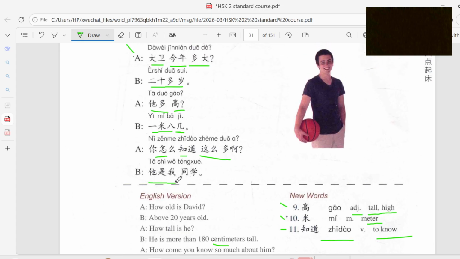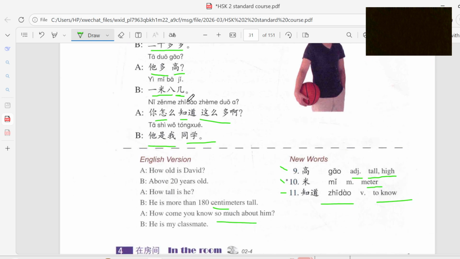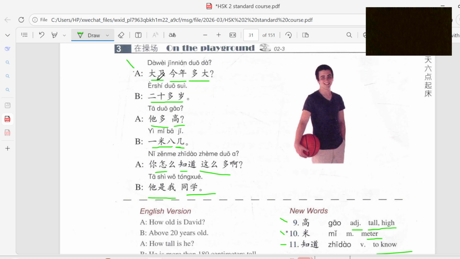It says 他是我同学, he is my classmate. Let's go through it again. 大卫今年多大？Repeat. B answers 20多岁. Repeat once more. 20多岁。他多高？The first question is 多大, here is 多高. 1米8几. Short answer and precise.